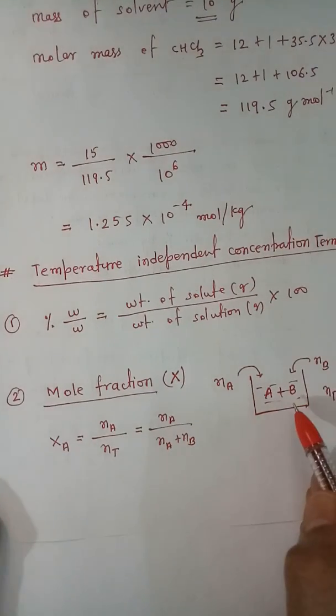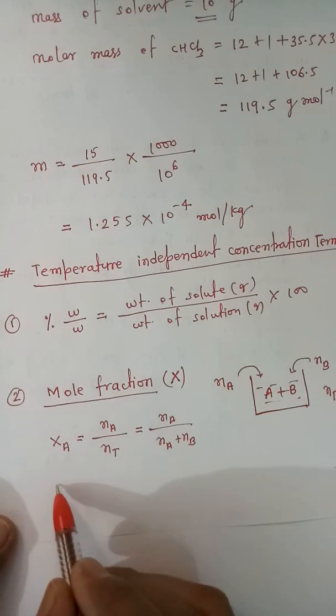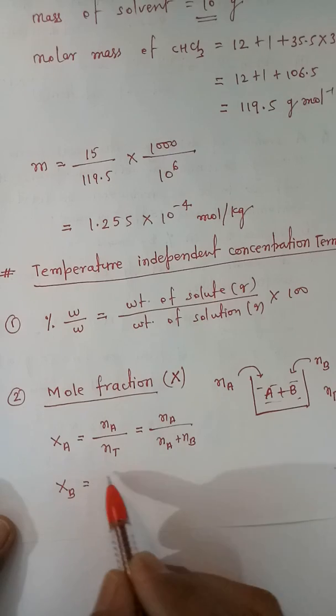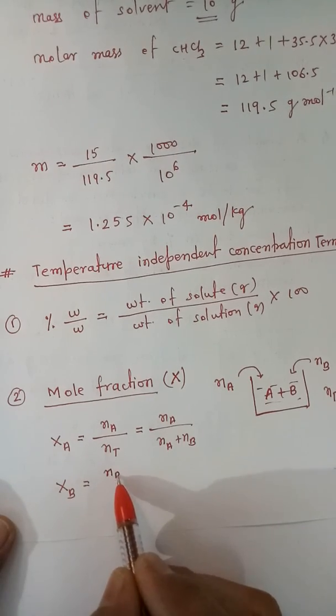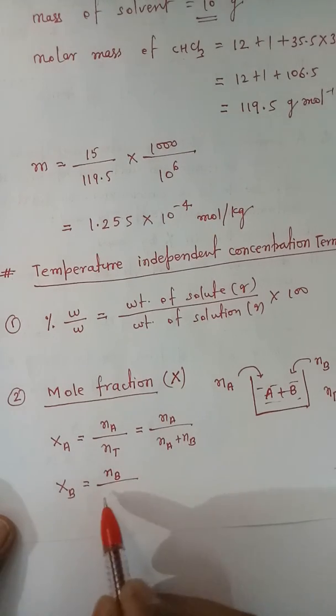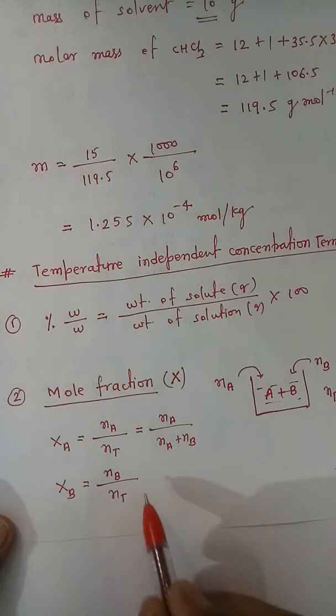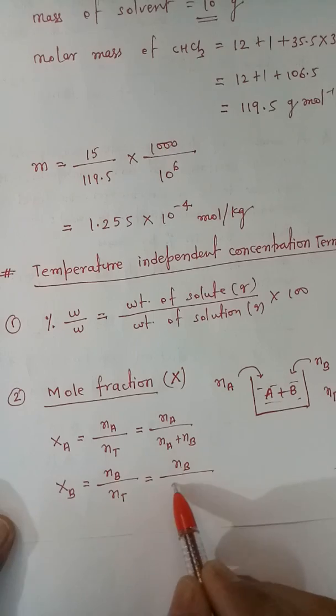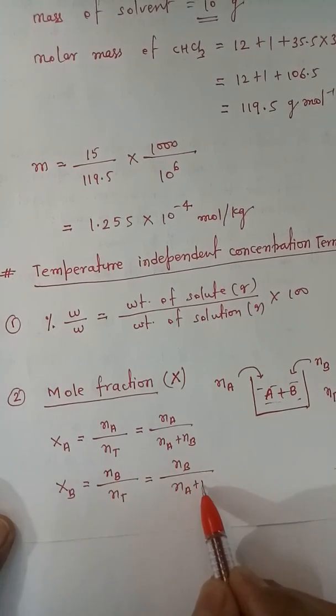And for second component B, mole fraction of component B, that is Xb, equals number of moles of component B upon total number of moles, equals Nb upon Na plus Nb.